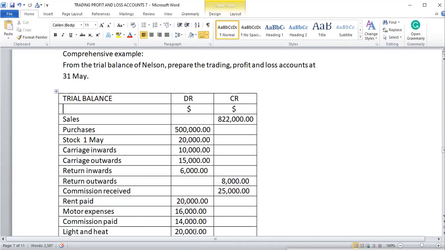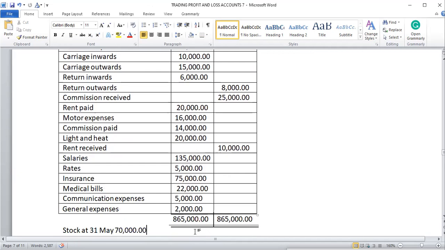Light and heat, $20,000. Rent received, $10,000. Salaries, $135,000. Rates, $5,000. Insurance, $75,000. Medical bills, $22,000. And communication expenses, $5,000.